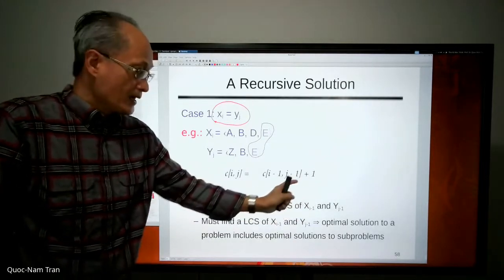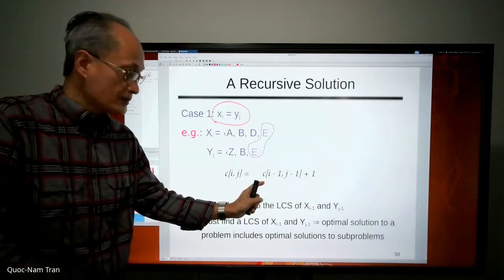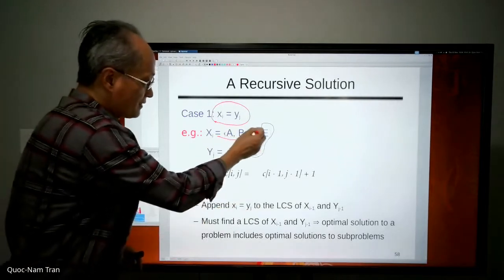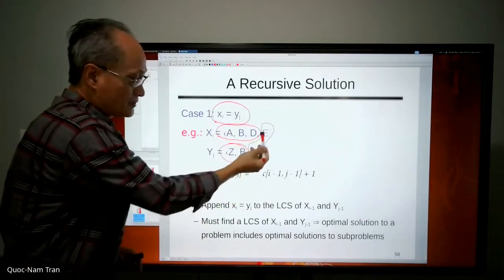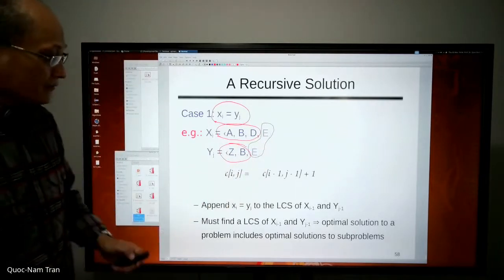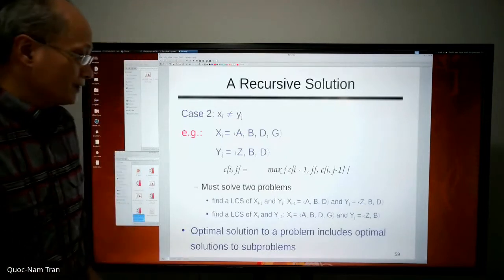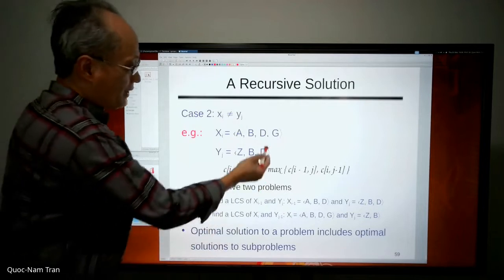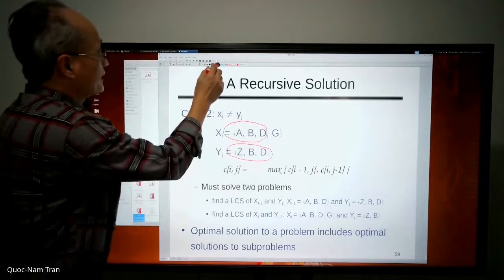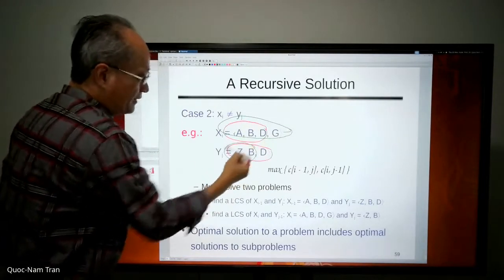And then add the longest subsequence of the smaller sequences. In this case, this one and this one, because the last ones have been matched. If they are not matched, then, as I mentioned before, we have to compare this one with the whole thing and the whole thing here with this one.